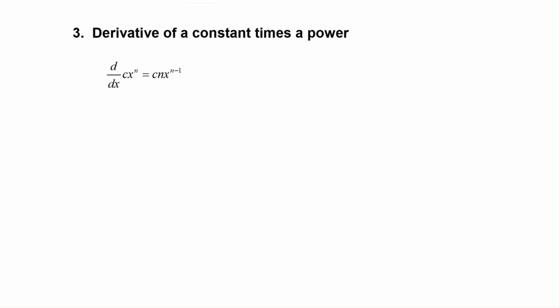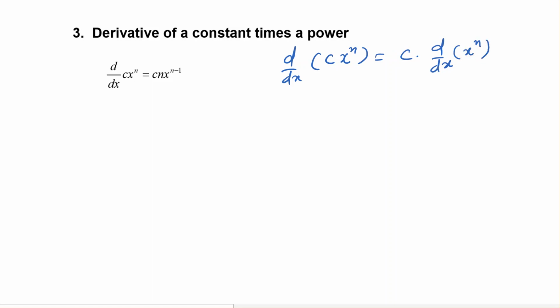Next, we are going to do a bit of extension of the power rule. If we have a constant times a power function, the derivative of a constant times a power is equal to c times the derivative of the variable part, which we have already done in the previous part.